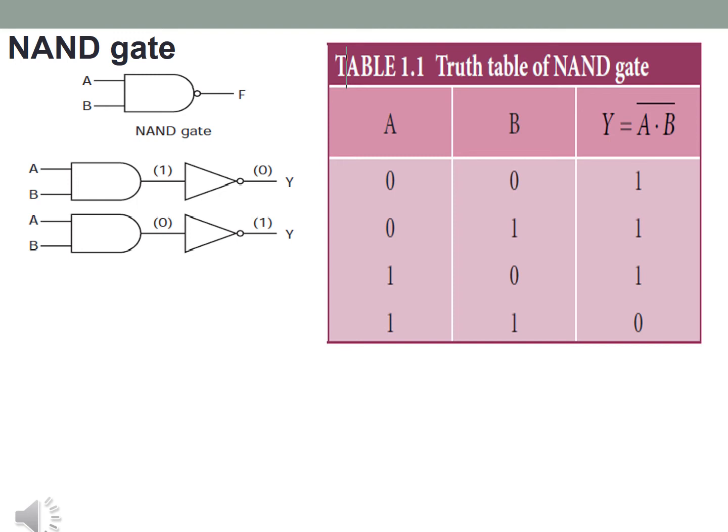If any one of the inputs is 0, then the output will be 1. Whenever all the inputs are high, you get 0. This statement is very important. This is the behavior of the NAND gate. Did you understand what I am saying?